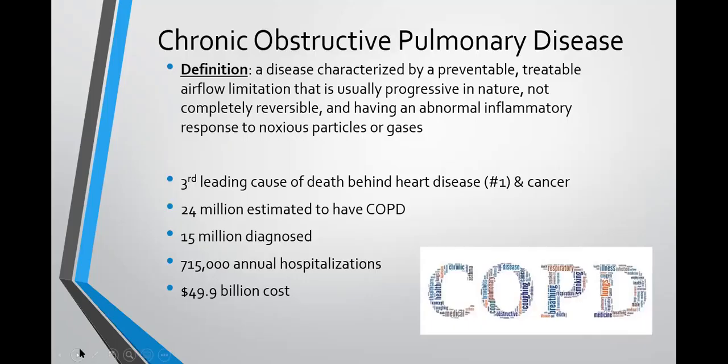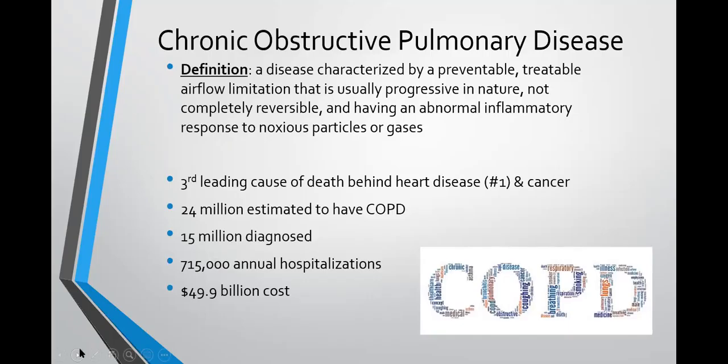COPD again. You don't have to remember how many leading causes of death, how many people died, and how much it costs. But basically, it's a disease characterized by preventable, treatable airflow limitation that is usually progressive in nature, not completely reversible, and having some abnormal inflammatory response to noxious particles or gases. It don't always come from smoking cigarettes, right?